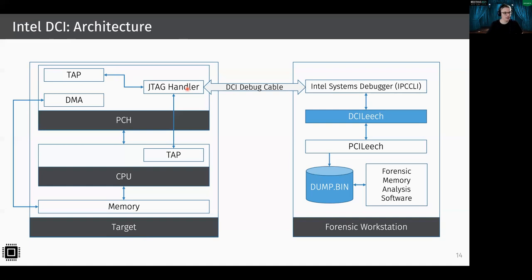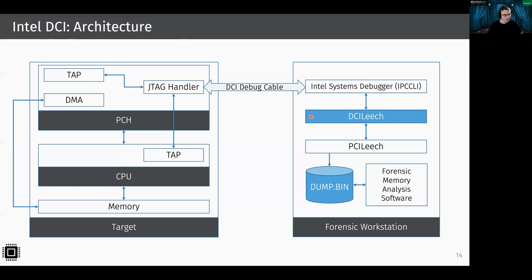On the forensic workstation, there's PCILeech installed, and our implemented PCILeech raw TCP device, which we call DCILeech. And this implementation then makes use of the Intel System Debugger, which then implements Intel DCI.